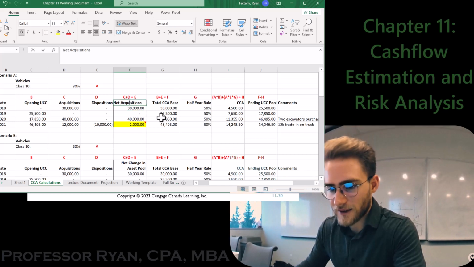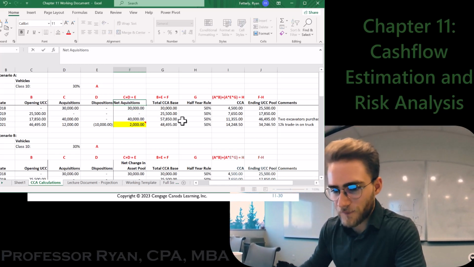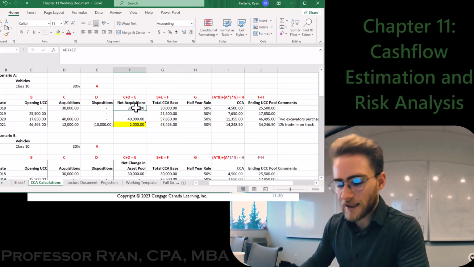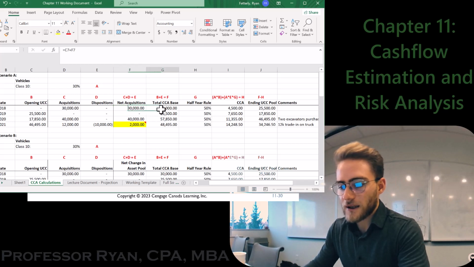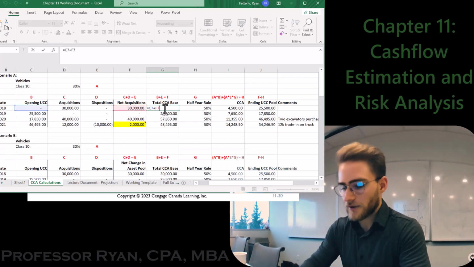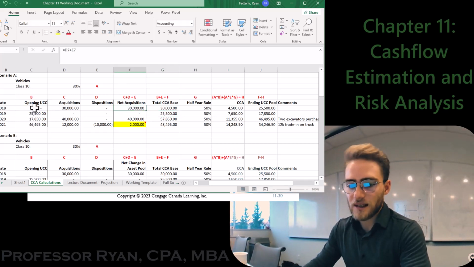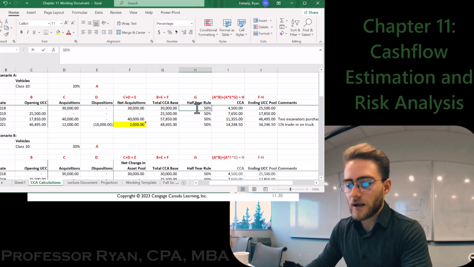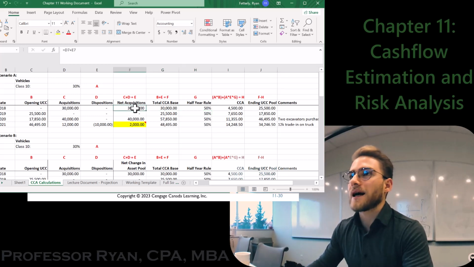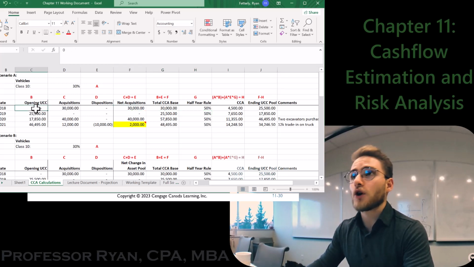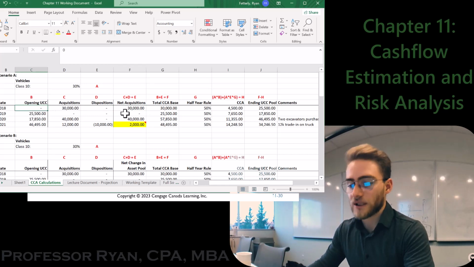So in this case, with the net acquisitions, we have the $30,000 in net acquisitions. So our total CCA base is going to be the net acquisitions plus the opening UCC. Because of that half-year rule, we're only going to depreciate 50% of our net acquisitions. And if we did have an opening UCC, this would be depreciated at the full rate.